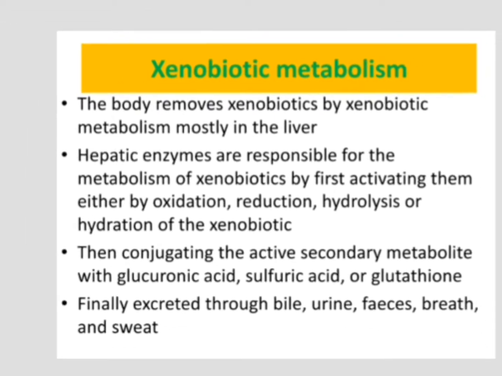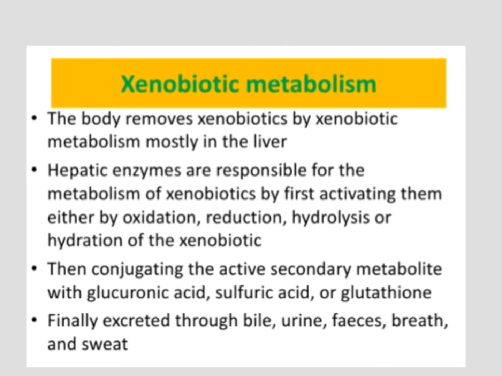When conjugated with these compounds, it can be excreted from the human body through bile, urine, feces, breath or sweat. So this is the way in which xenobiotics, if they happen to enter our body, can be removed from our body.